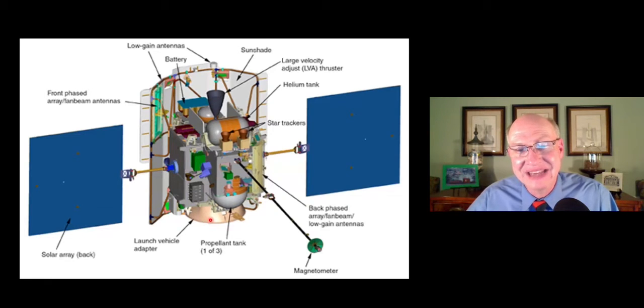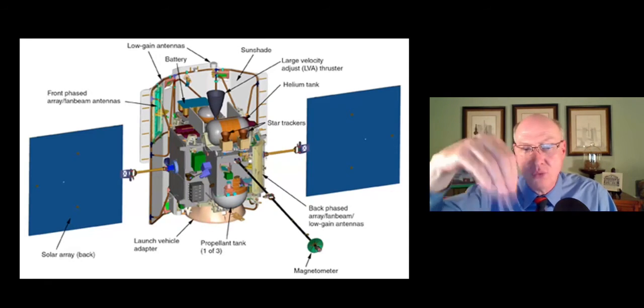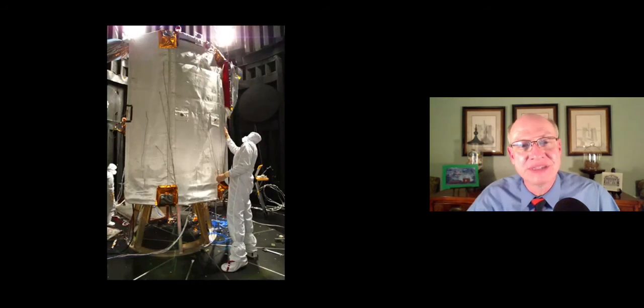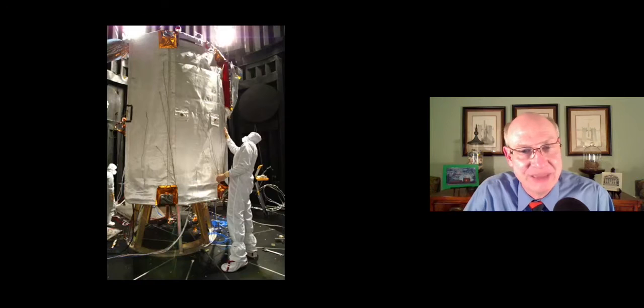Inside that adapter, looking downward, was where all the scientific instruments were located. To give you some scale, that's what the sunshade looked like before launch. So here is a technician working on the spacecraft just before launch, examining the sun shield and getting it into place.